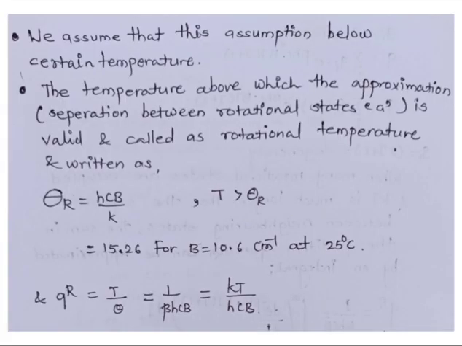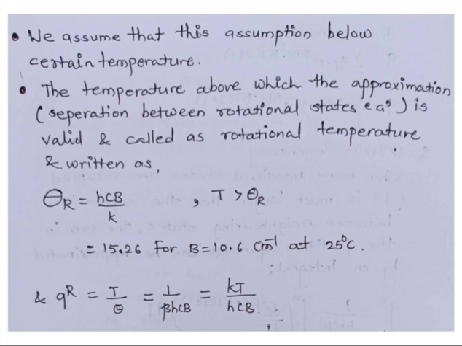Now we can assume that this assumption is obeyed only above a certain temperature, the temperature above which the approximation is valid, and this temperature is called the rotational temperature, theta R. So theta R is equal to hcB by k, and our thermodynamic temperature is greater than the rotational temperature.